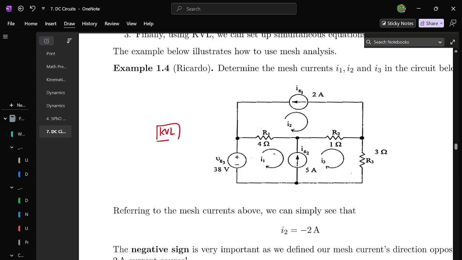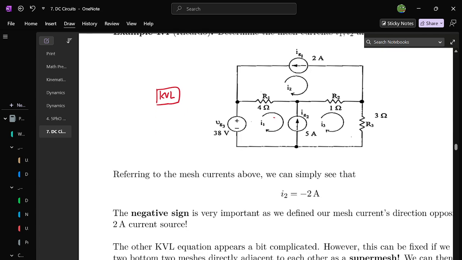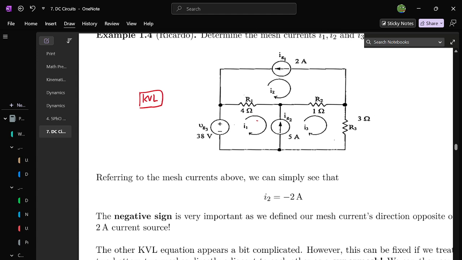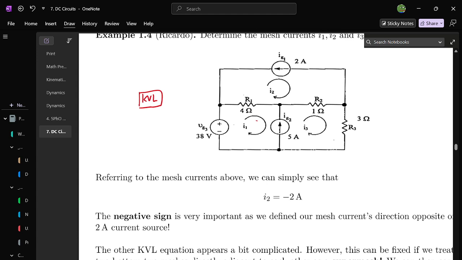For instance, in this example, the easiest current you can spot is I2 because you're given this constant current source of 2 amperes this way. But your I2 points this way, which means that your I2 is negative 2 amperes. So sign is important here.